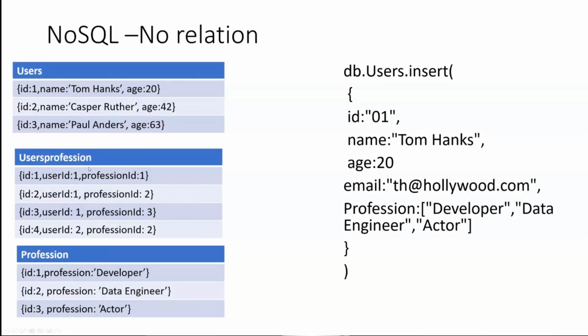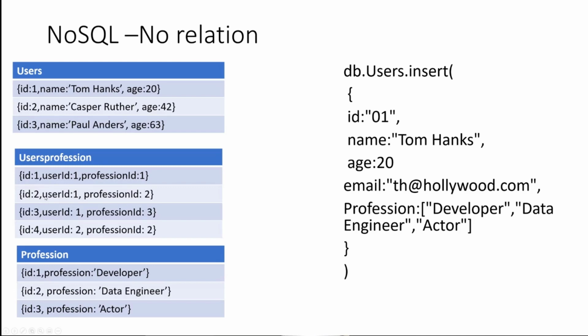Next one is the relationship. In SQL you saw there was a relationship you need to have, but in NoSQL you don't need to have the relationship. On the left side, I put here how you would make it if NoSQL had to have the relationship. You have users, you have professions, and then you have a bridge table to translate. For example, the name is Tom Hanks, and in the bridge table, his profession is developer, so he is a developer.